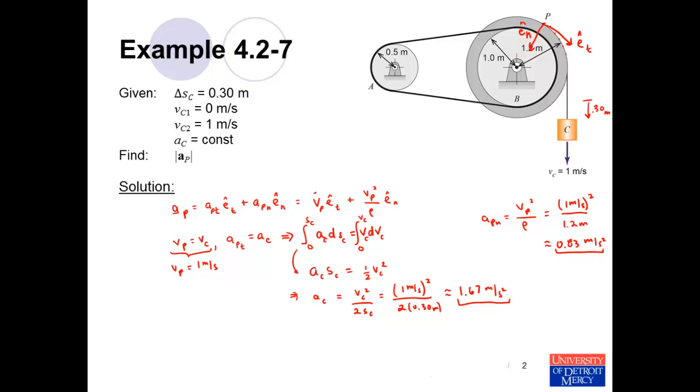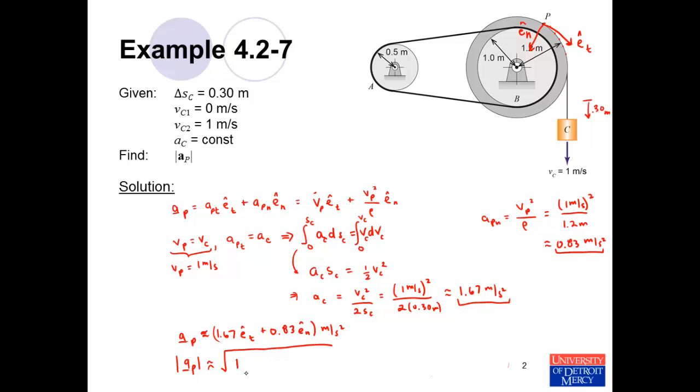Okay. So now that we know the two components of the acceleration of point P, we have its total acceleration, 1.67 in the tangential, 0.83 in the normal, approximately, in units of meters per second squared. We ultimately want to find the magnitude, so we can find that using the Pythagorean theorem.